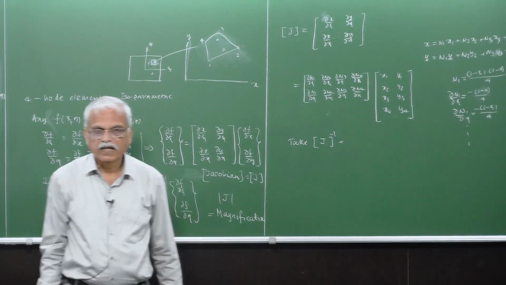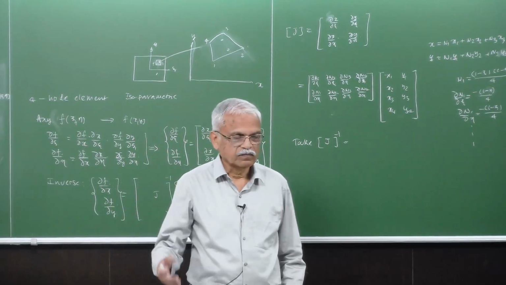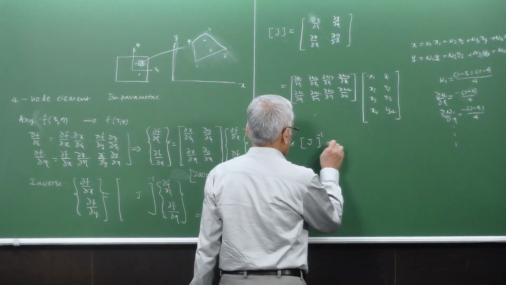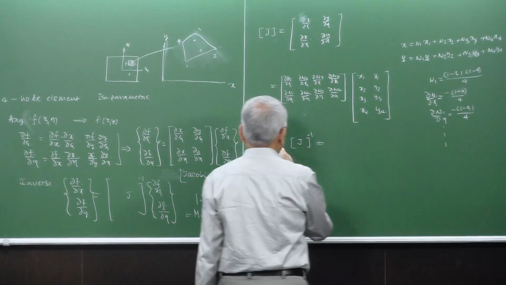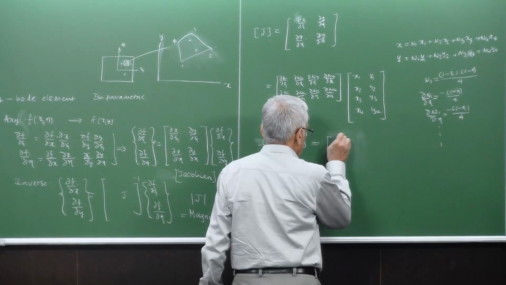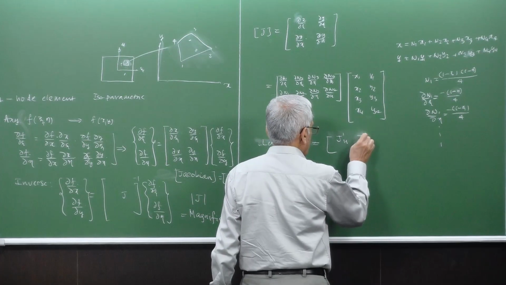So all these evaluations should be done in a computer code, MATLAB or so, including some of these inverses and so on. So let J prime 1 1, J prime 1 2, and so on.